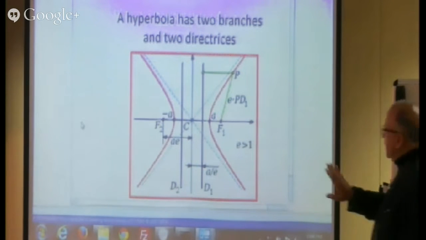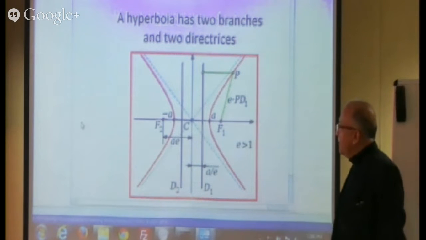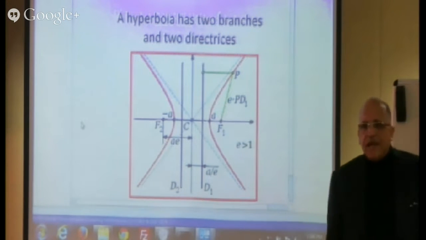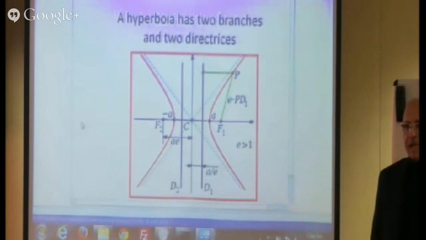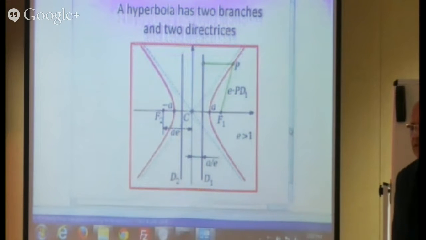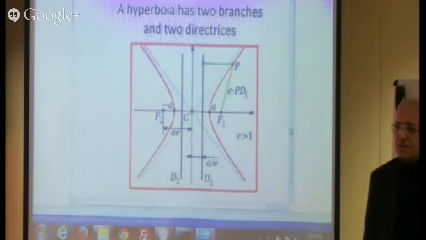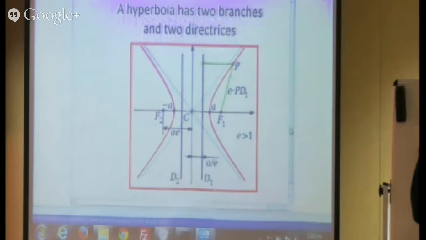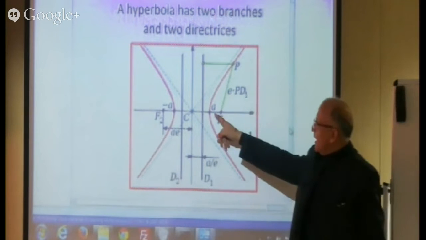So under these considerations, when F1, F2 are joined and the line joining them is taken as x-axis, and the line perpendicular to this x-axis passing through the midpoint of F1 and F2 is a center, then you can say that this is the standard hyperbola we want to write, and the equation is x square upon a square minus y square upon b square is equal to 1, where this point is a, this point is minus a.